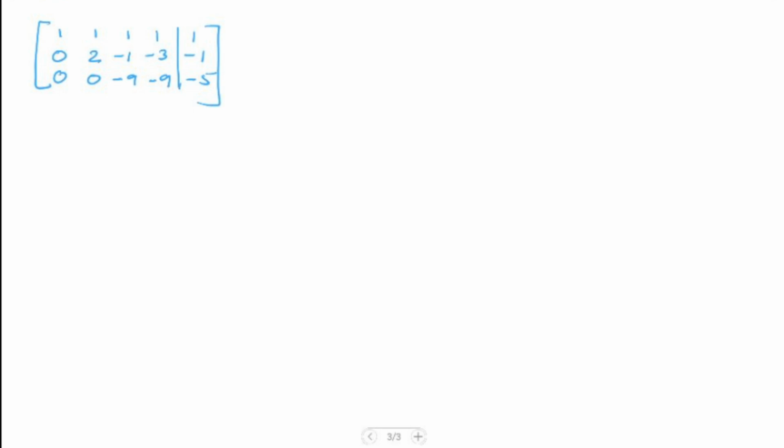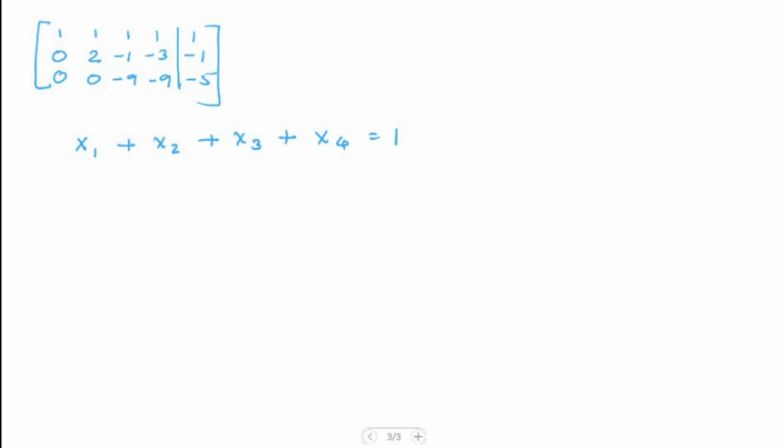Okay, so we'll rewrite the augmented matrix in terms of linear equations now. So if you write this as linear equations, for the first one all ones, that would be 1x1, so that's x1, plus x2 plus x3 plus x4 is equal to 1.